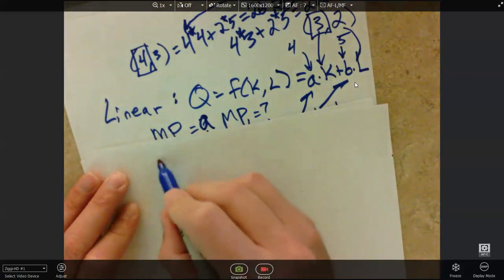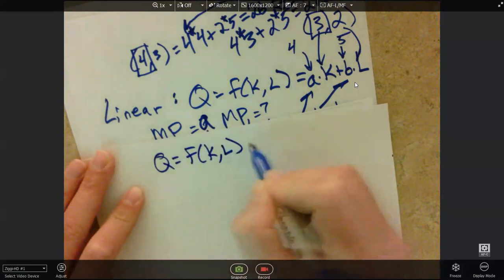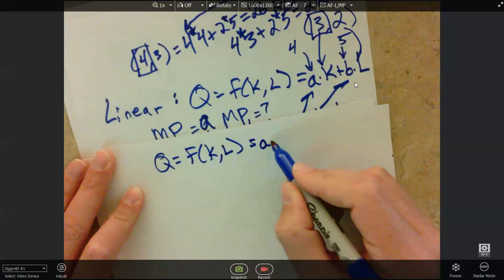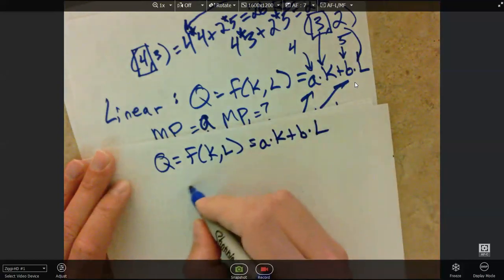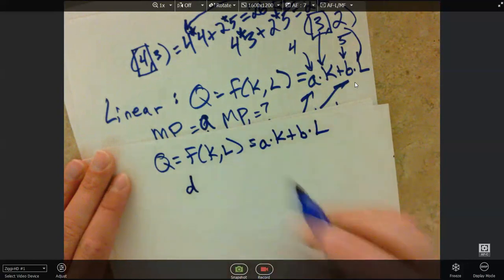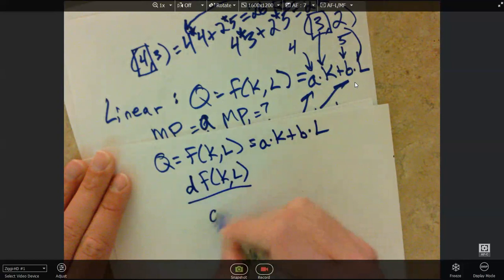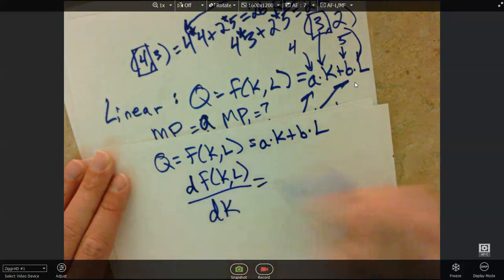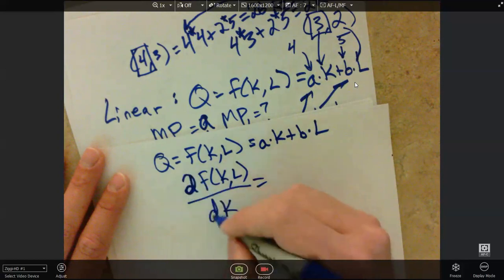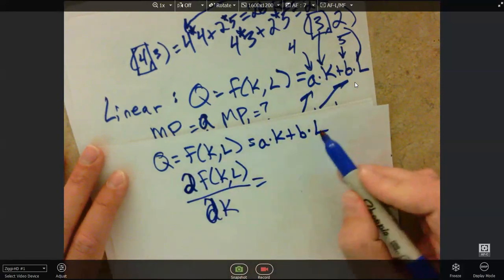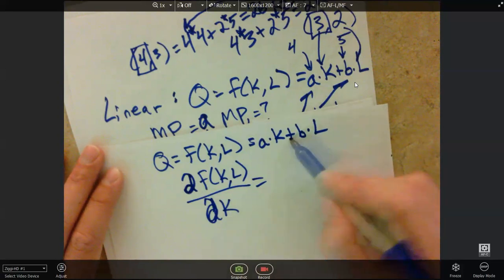Very good. So here we have Q equals F of K and L equals A times K plus B times L. And then what we end up doing is taking a partial derivative of this with respect to K. These should be partials, my bad. When you take a partial derivative, if the K isn't a part of the term, you just get rid of it.